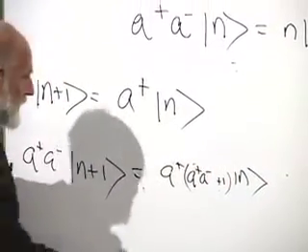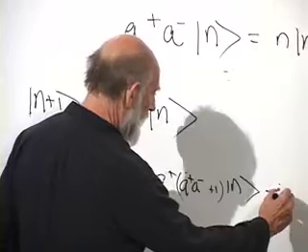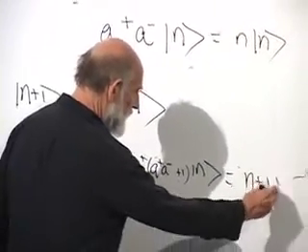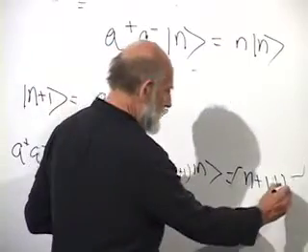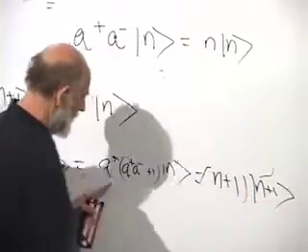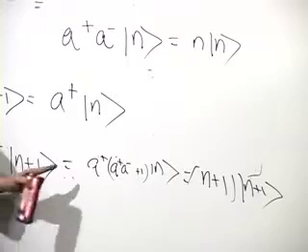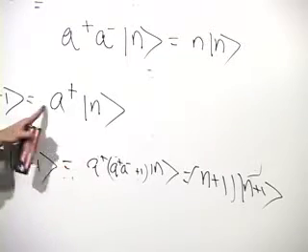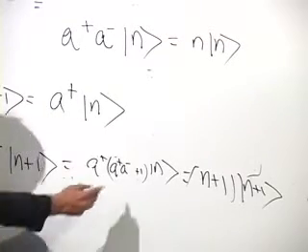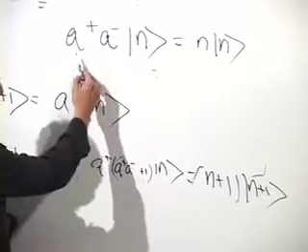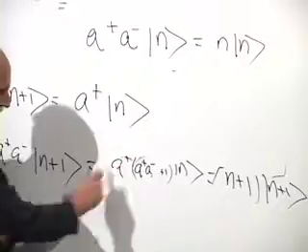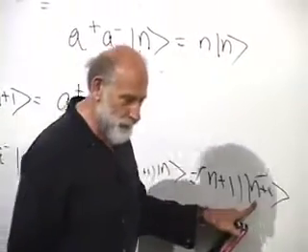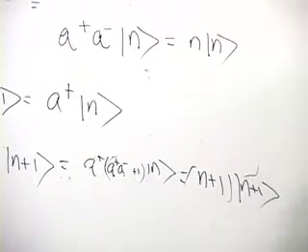So the whole thing is just equal to n plus 1, that's this, times n plus 1, times the eigenvector n plus 1. The eigenvector n plus 1 is just A plus times n. Get it? This is just n plus 1. That's what this says. And then A plus on n gives us the eigenvector n plus 1. Do the algebra.